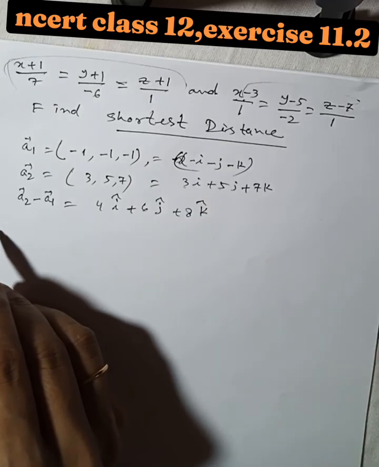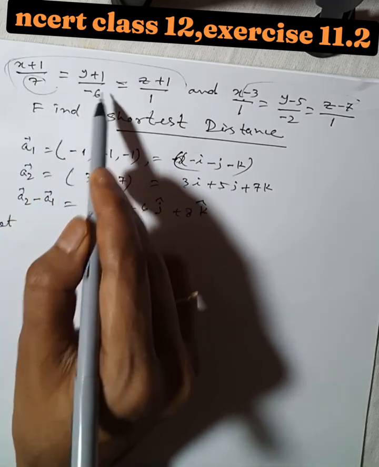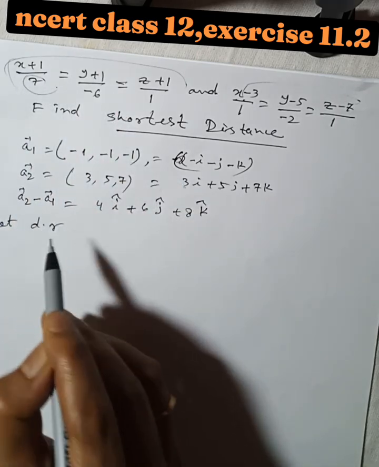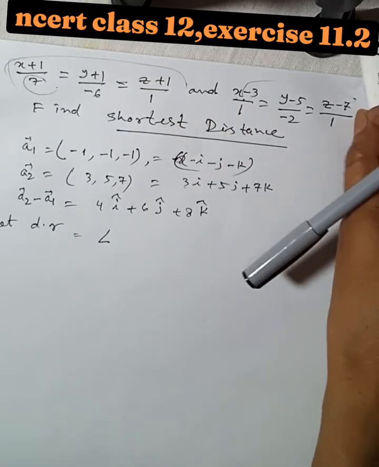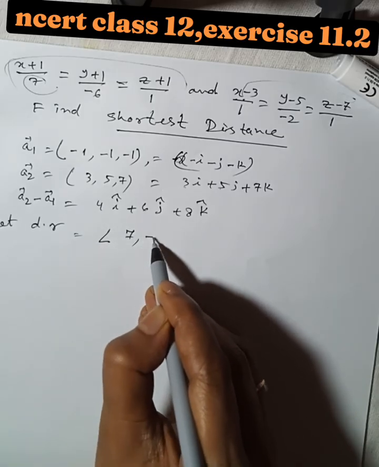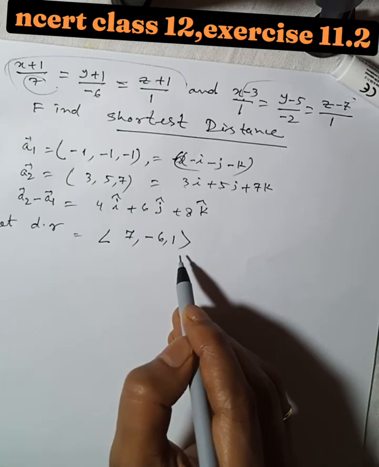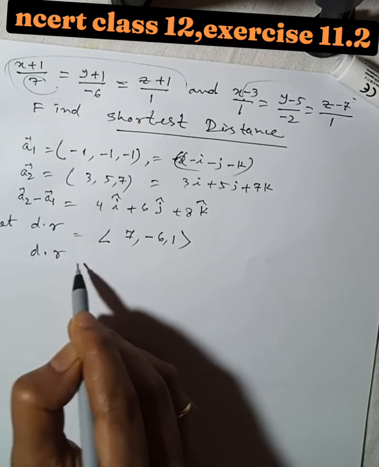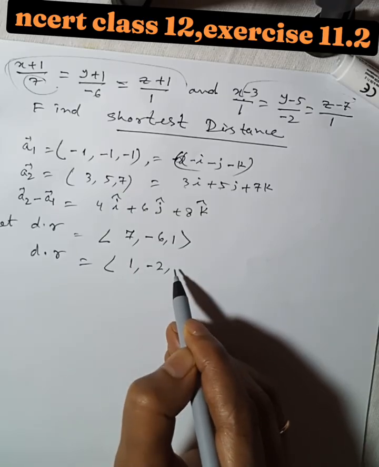Now here the direction ratio of the first equation is 7, minus 6, 1, and the direction ratio of the second equation is 1, minus 2, 1.